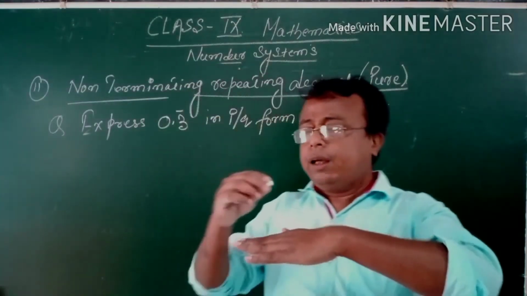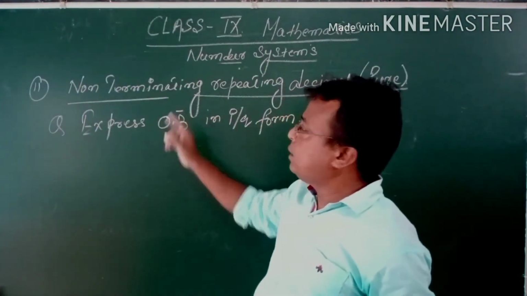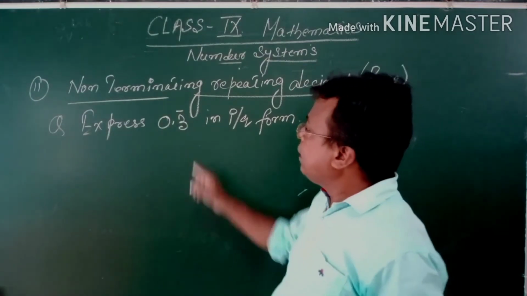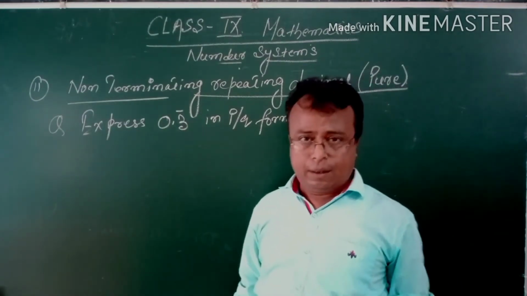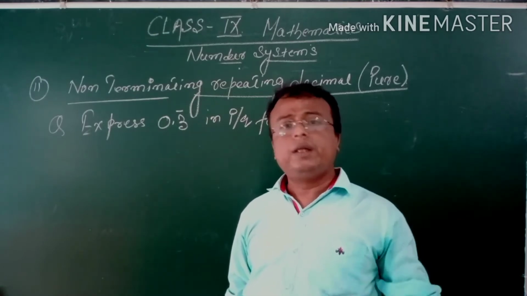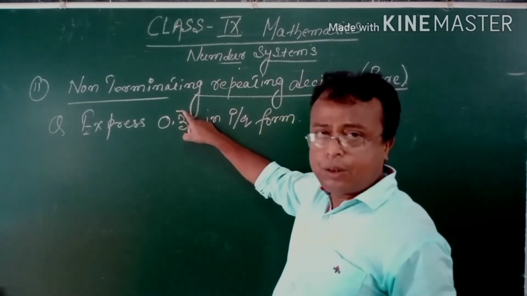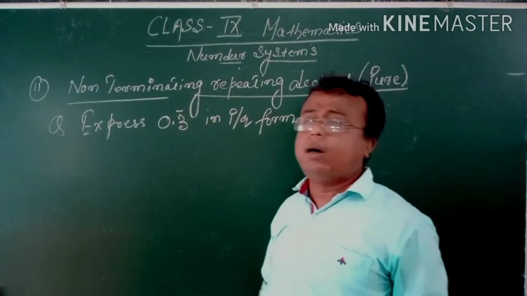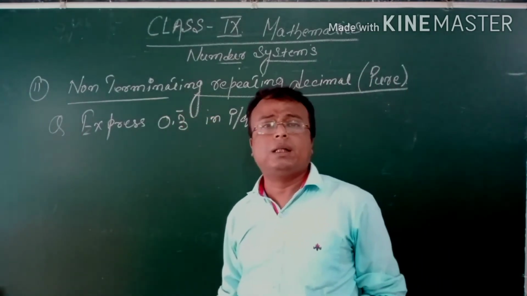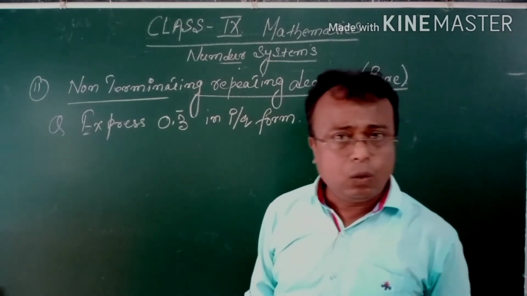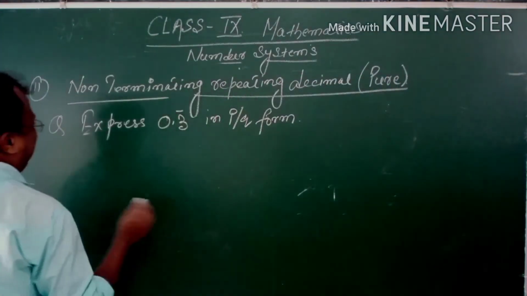So on 3, one bar is there. So what does it mean? It means this 3 is repeating again and again. Okay, the 3 will repeat again and again. That's why one bar is given upon 3. Okay, so now let us try to convert this decimal number into p by q form.